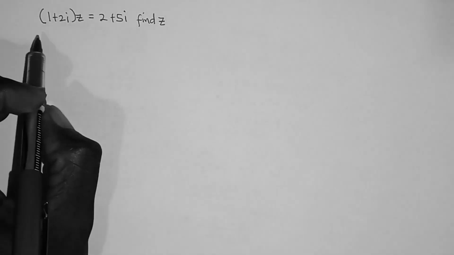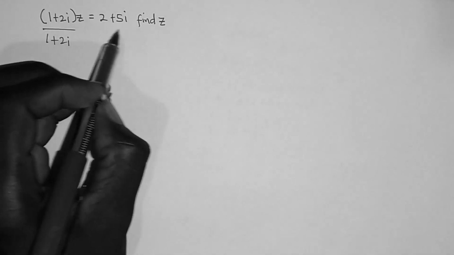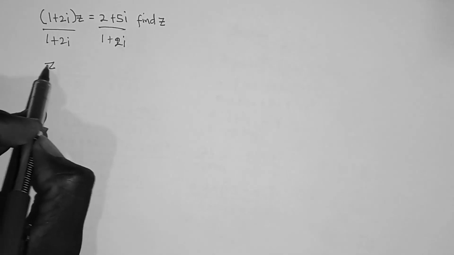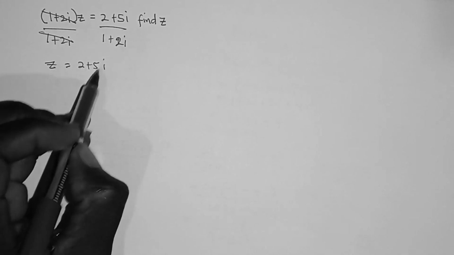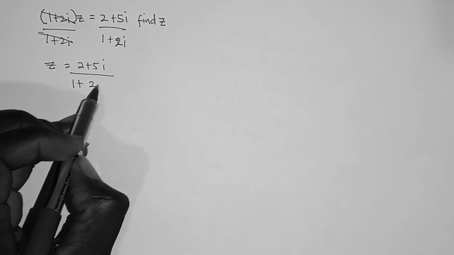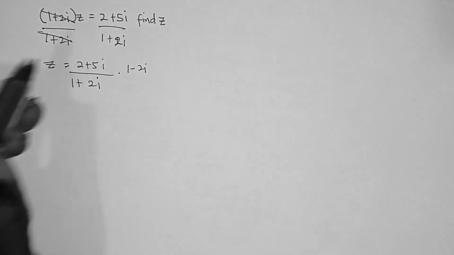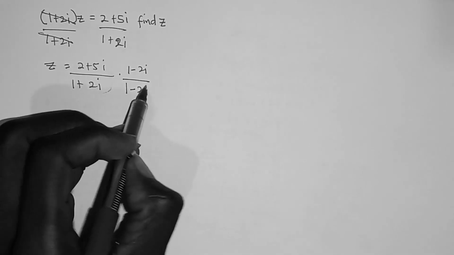Bracket 1 plus 2i all times z is equal to 2 plus 5i. Find z. So what we can do is that we can divide through by 1 plus 2i. And therefore z, this and this will cancel out, is equal to 2 plus 5i divided by 1 plus 2i. So we multiply both the denominator and the numerator by the conjugate of the denominator, which is 1 minus 2i.